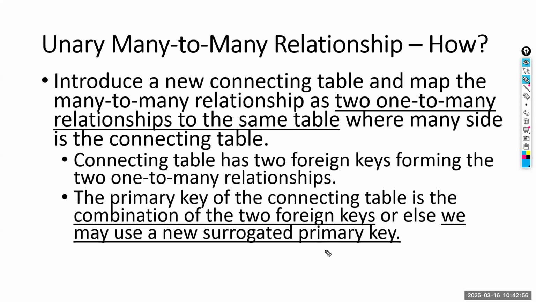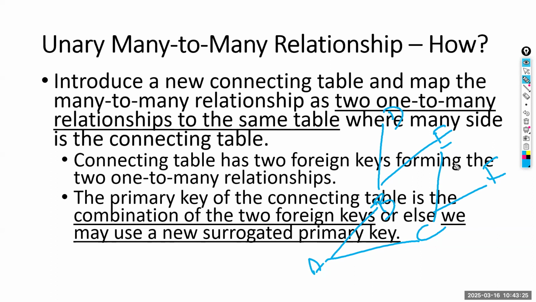Let's say A has a friendship with B and C, and B has a friendship with D and E, and maybe C also has friendship with E and F. Now you can see that B can have many friends, and those friends also can have many friends. So many to many.